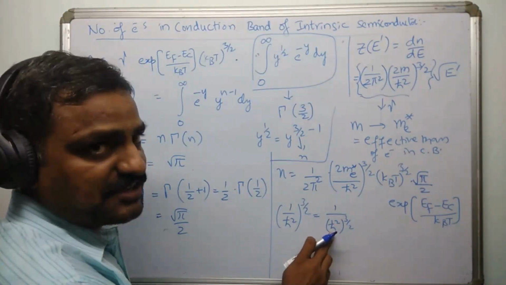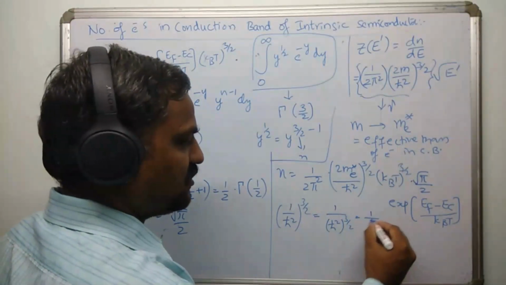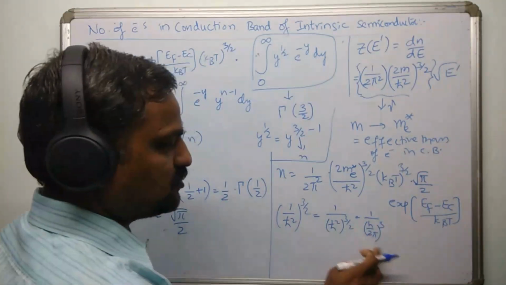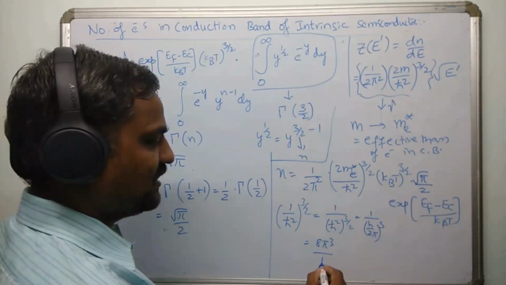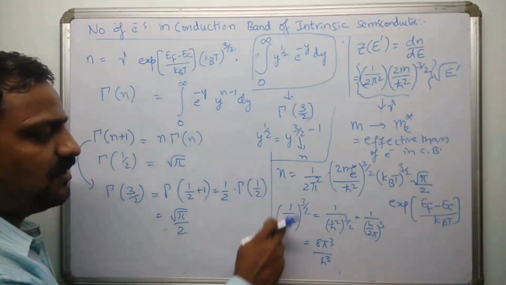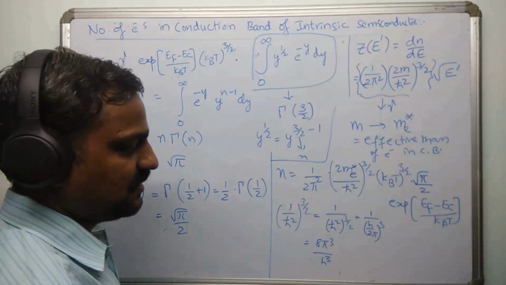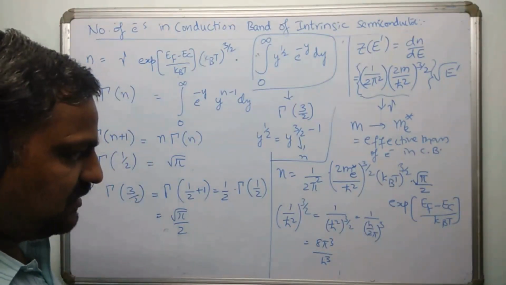It is 1 by h cross cube, right? 1 by h cross cube means 1 by (h by 2 pi) whole cube. So this 2 pi goes to the numerator as 8 pi cube divided by h cube. So wherever you have 1 by (h cross square) whole power 3 by 2, you can safely replace it with 8 pi cube by h cube.